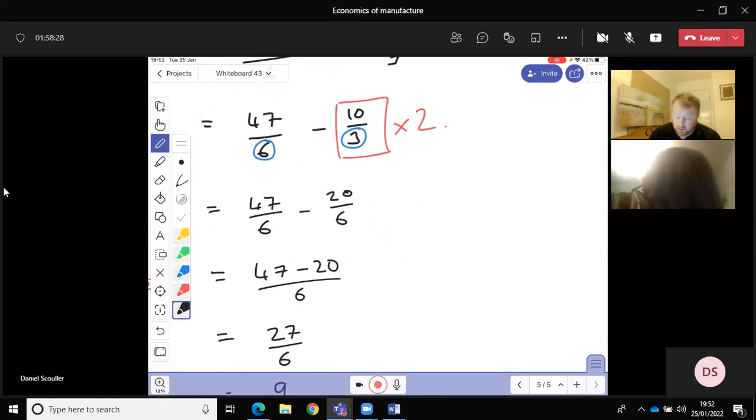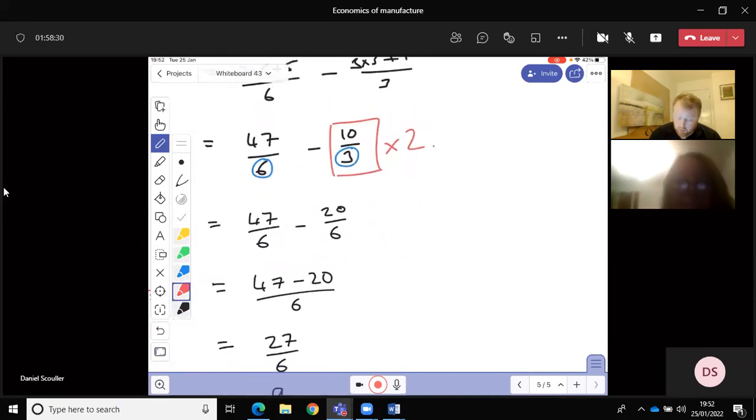Okay, so let's just go back to this position. What we've done there is just take that 3. To get to the number 6, we just need to multiply that by 2. Okay, you need to multiply the top and the bottom if you're doing that. So you're doubling that fraction, okay, to get 20 over 6.